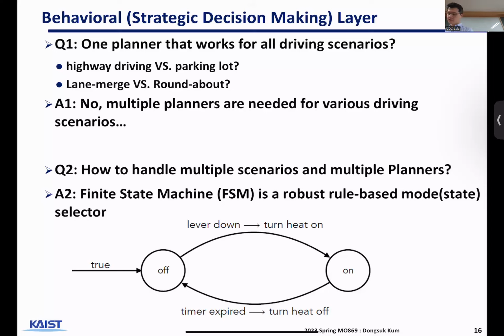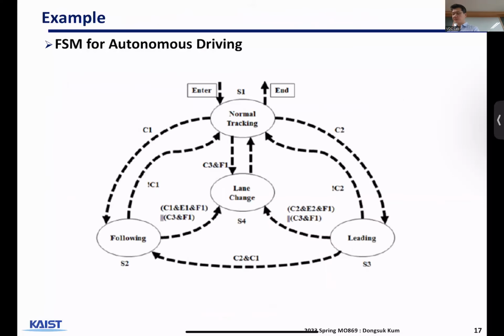And so how do we handle multiple scenarios, multiple planners? Well, a finite state machine is a robust rule-based mode selector or state selector. And this is an example for autonomous vehicles.